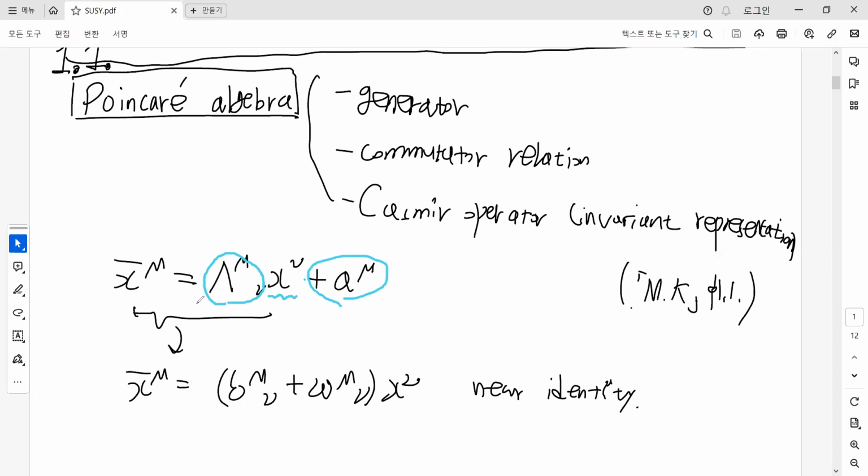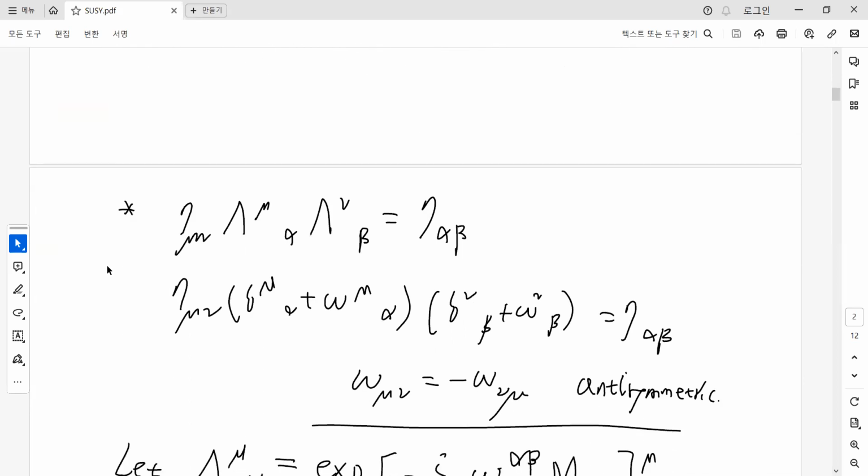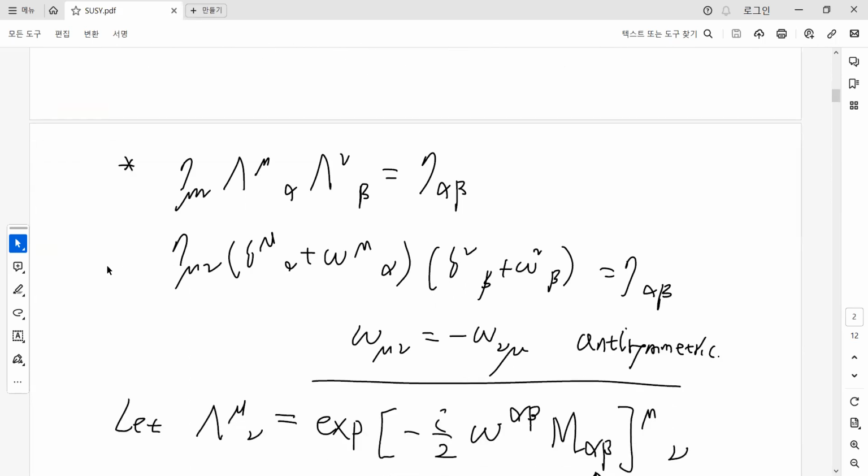And especially the Lorentz transformation and the rotations can be written as expansions nearby the identity with the antisymmetric parameter. We can show that this omega is actually the antisymmetric parameter by using the orthogonality, or the invariance of the matrix about the rotations or the Lorentz transformation, which is the same as the inner product space.